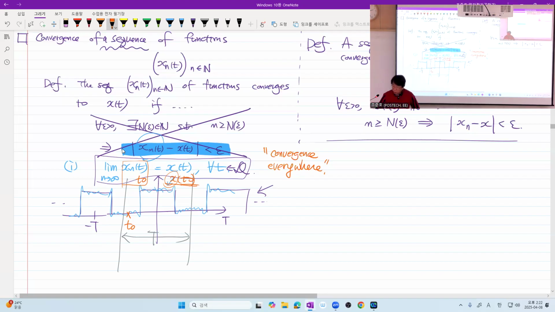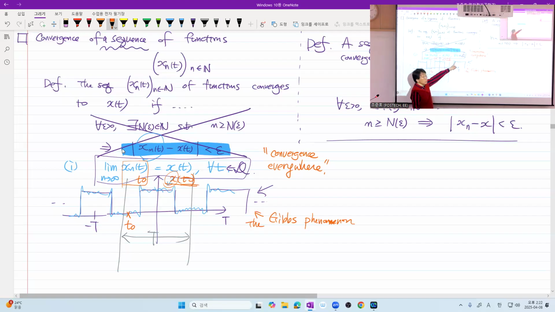But as you know from this, Gibbs is the name, not Gibb, Gibbs. So the Gibbs phenomenon. What do you remember about the Gibbs phenomenon? Probably you remember this one.